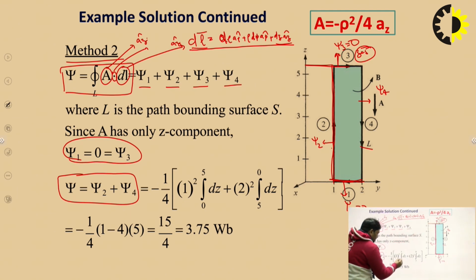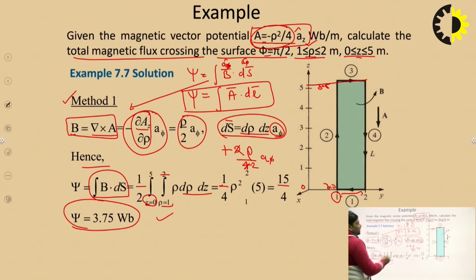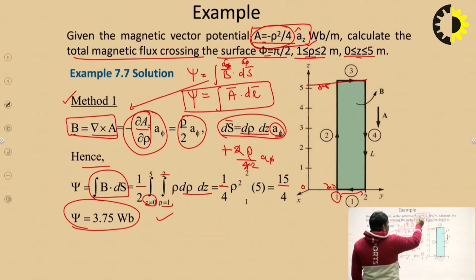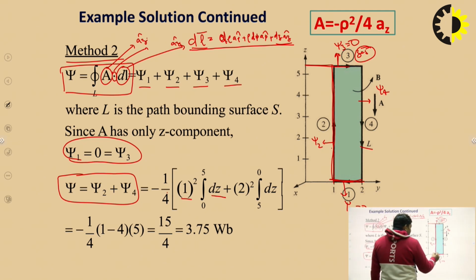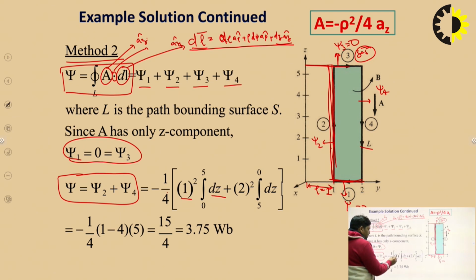So for the psi 2 case, dz az is in the direction of this, and we put the value of A. A is minus rho square by 4 az. So minus 1 by 4 is to be taken common, rho square in that particular direction. For the psi 2 case, the rho distance should be 1, so we put rho is equal to 1.